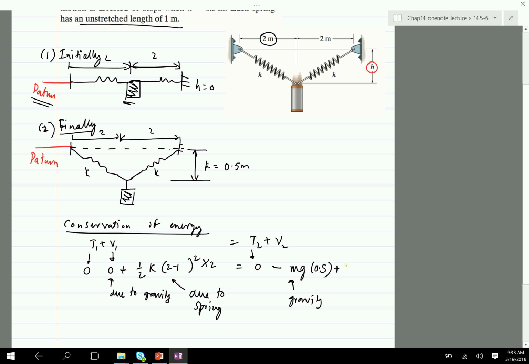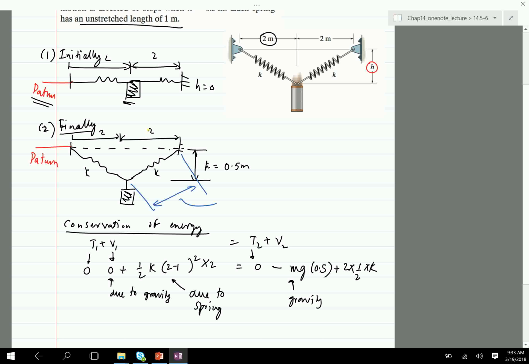So it's going to be 2 times, because there are 2 springs, times half times k times the new length of the spring minus the unstretched length. So what's this length? That's the new length. How can you find that? Pythagoras theorem.